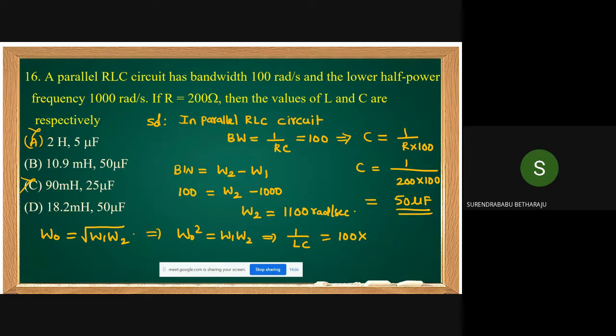Sorry, omega 1 is how much, friends? 1000. Omega 2 is how much? 1100. Then which one do you want to find here? Inductance. So L equals 1 by C into 1000 into 1100.